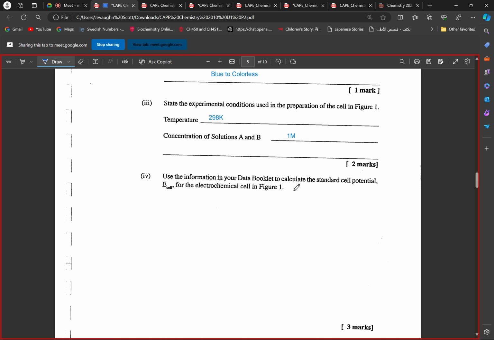Guys need to be resourceful. Somebody scanned the entire data booklet that you will get in the exam, and then we had it circulating. Oh, there it is. Lovely. Look at that.